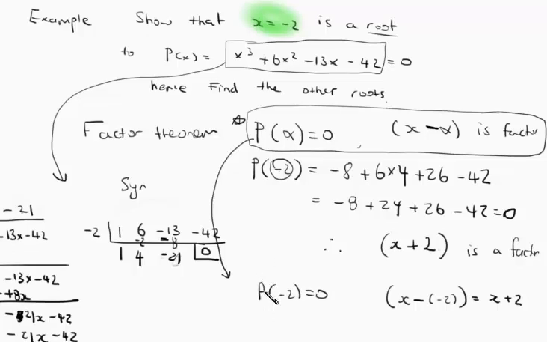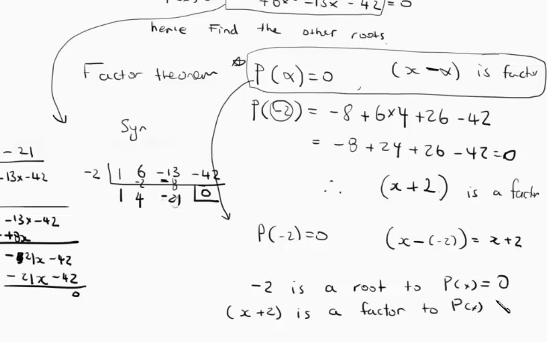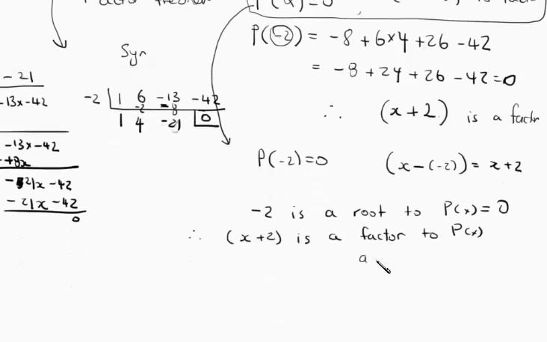So I'm just going to write it down. Minus 2 is a root to p(x) equals 0, because when you plug in minus 2, it is really equal to 0. Now we say x plus 2 is a factor to p(x), not p(x) equals 0, okay? So this is a root to this, therefore this is a factor according to what theorem? The factor theorem.